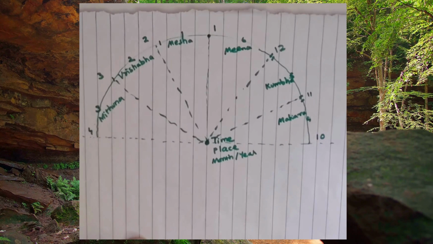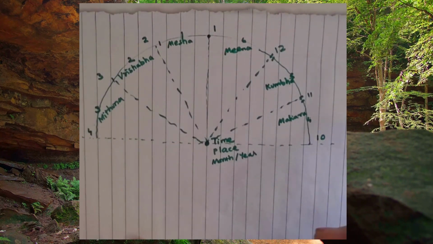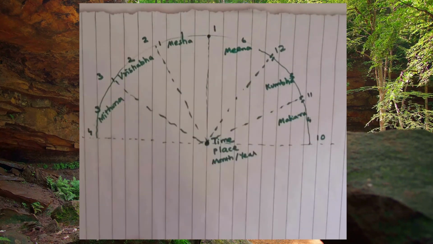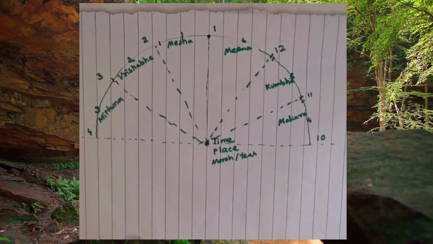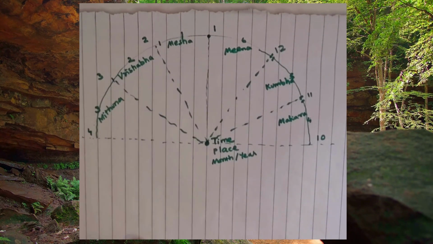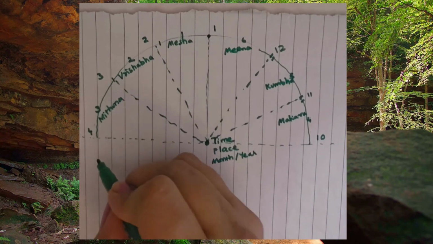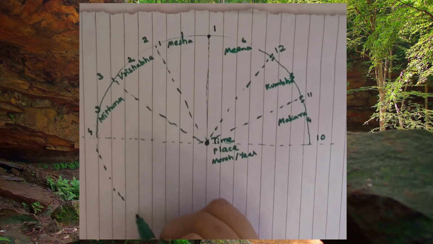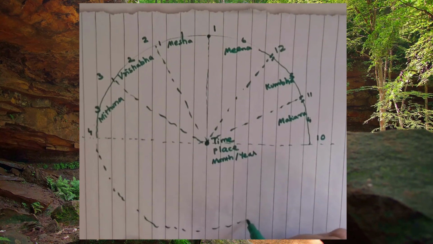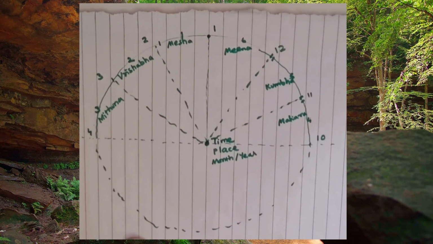So we have these 12 Rashis. So we are now focusing on this semisphere. Okay, we will not be focusing on the entire sphere just for our convenience. Okay, the entire sphere is going to be there, here below. We are just covering the semisphere, right?